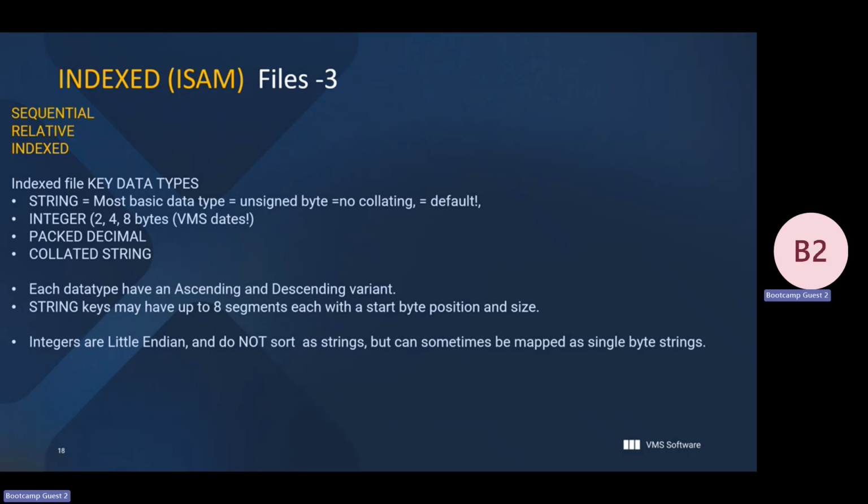Just 8 bytes. We have several integers, 2, 4, and 8 bytes, where that 8 byte is very, very heavily used because 8 byte nicely matches the VMS internal date and time storage. We can do packed decimal because RMS index files are almost made for COBOL, right?